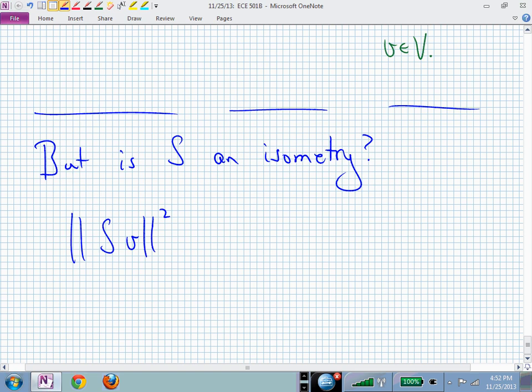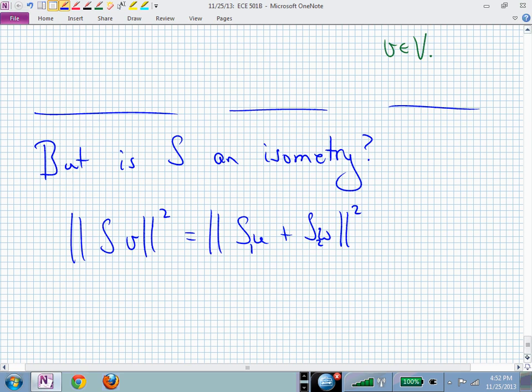But this now is equal to the norm of SU plus SW squared. And if I break V into its two pieces, U and W, then I only have to worry about S1 operating on U and S2 operating on W. That's how we've defined or built up S.